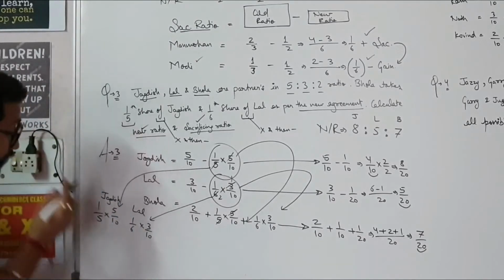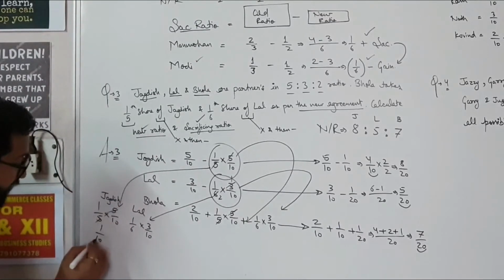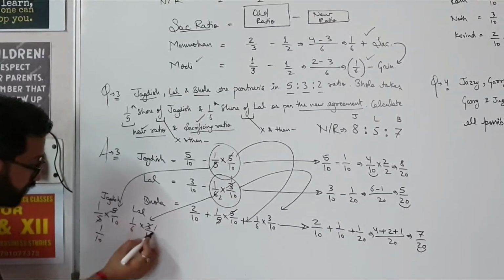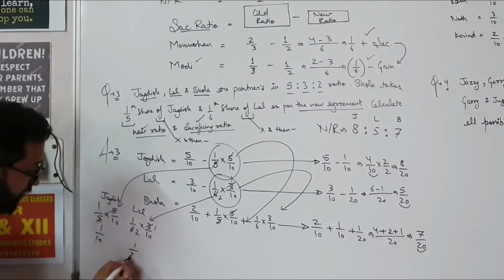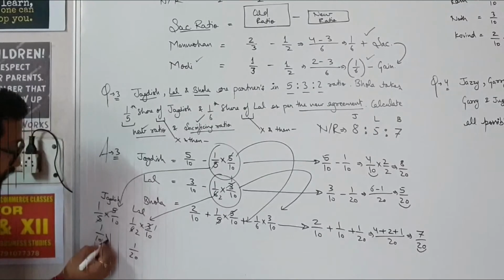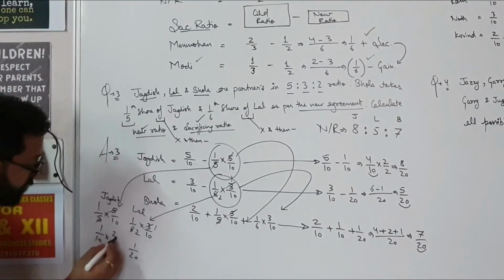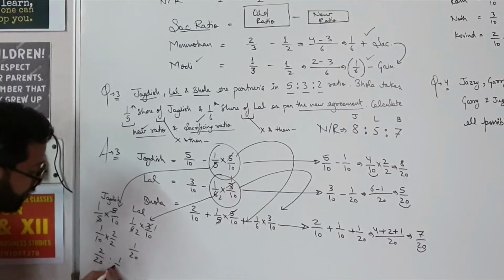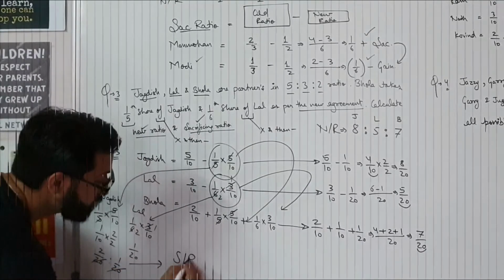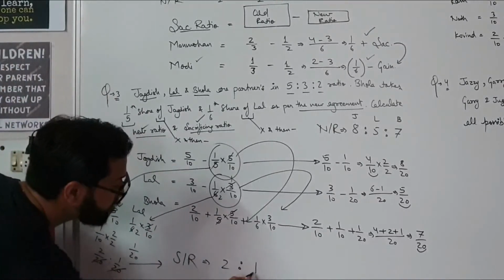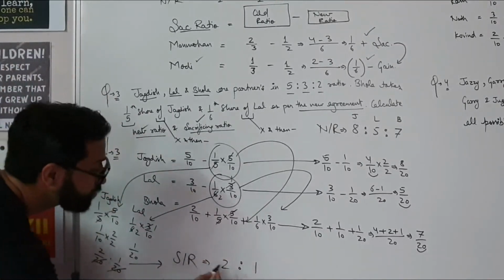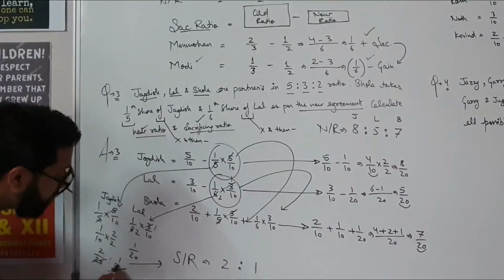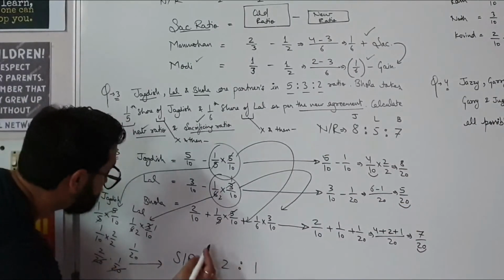Okay, so let us solve: 1 by 10, 1 by 20. Now we want similar bases, so multiply and divide by 2 and the answer is 2 by 20 is to 1 by 20. Cut 20 by 20, answer comes 2 is to 1.